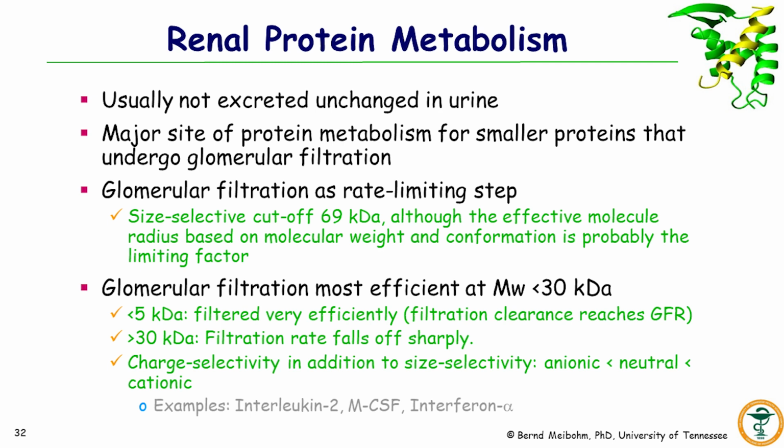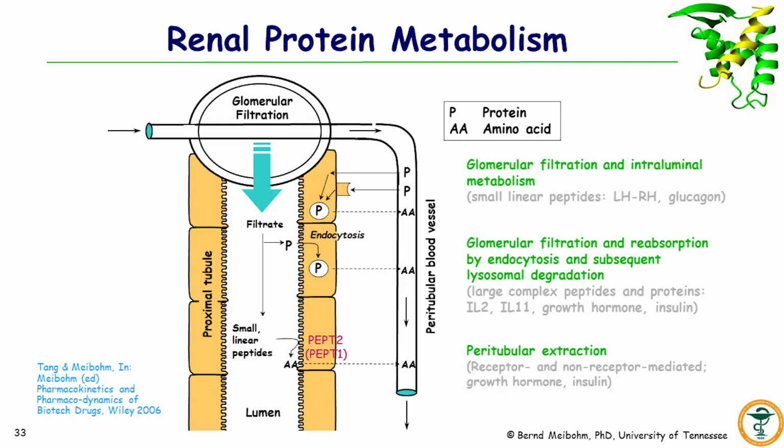The consequence of that is that therapeutic proteins that are small enough to undergo glomerular filtration enter the primary urine, so the proximal tubulus, in the filtrate. And now they can undergo either intraluminal metabolism through peptidases in the brush border membrane, and then the resulting amino acids and small peptide fragments can be taken up by peptide transporters, especially peptide transporter 2 and to a lesser degree peptide transporter 1, and can be reutilized in the endogenous amino acid pool.